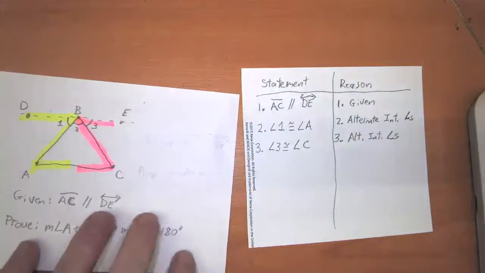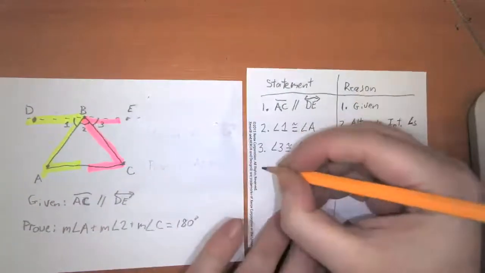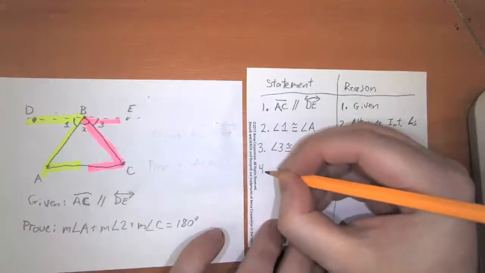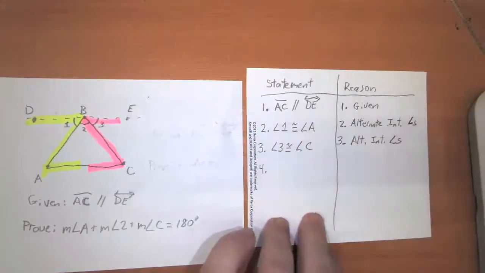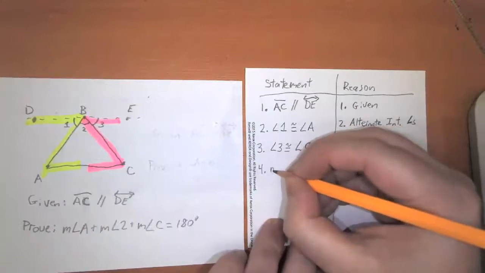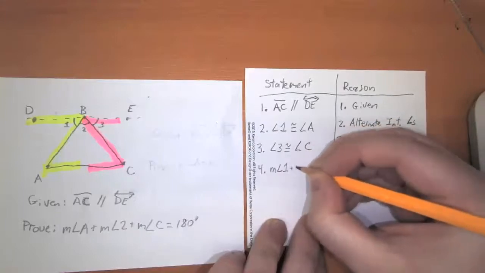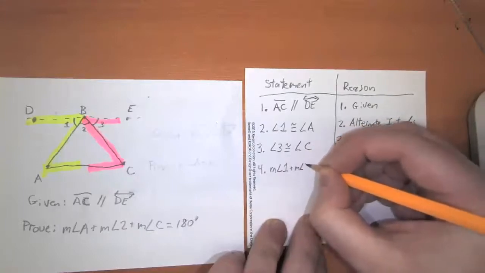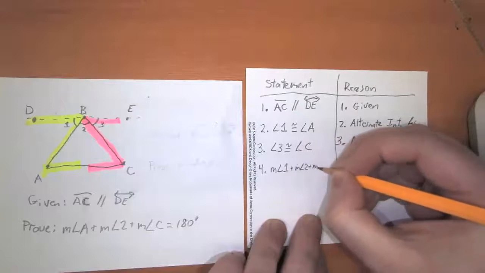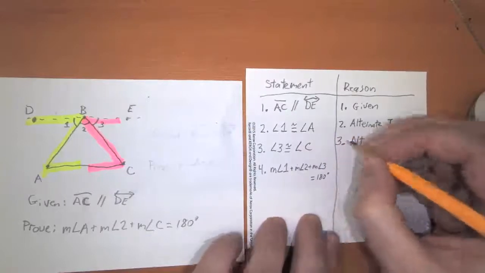And how many degrees are in a straight line? So a straight line is half of the entire circle, or half of 360 degrees, so it's 180 degrees. So I can say the measure of angle 1 plus the measure of angle 2 plus the measure of angle 3 is equal to 180 degrees.